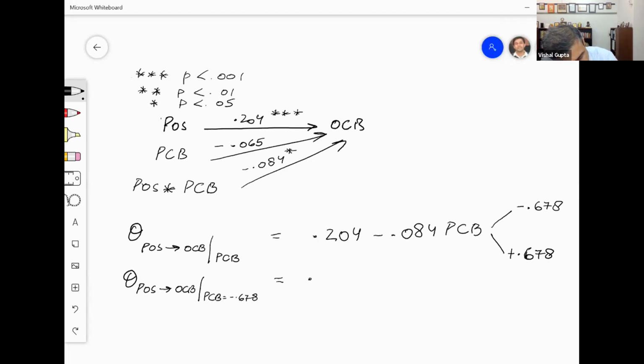We can write it as 0.204 minus 0.084 multiplied with minus 0.678.